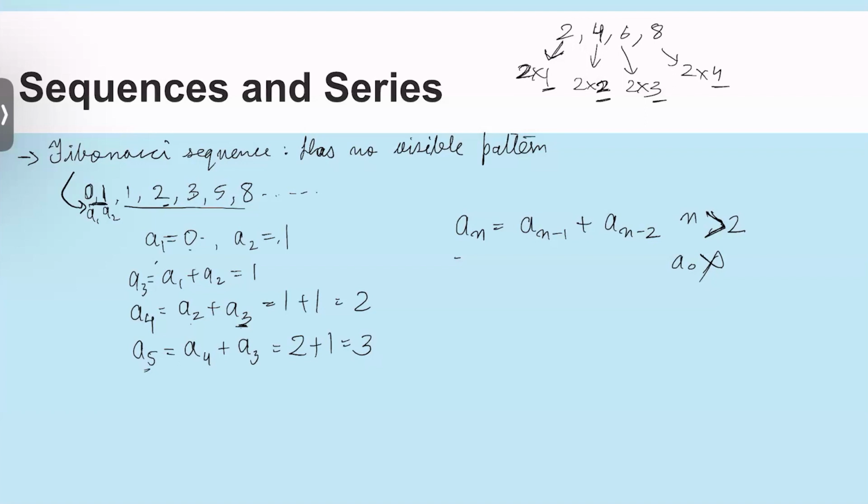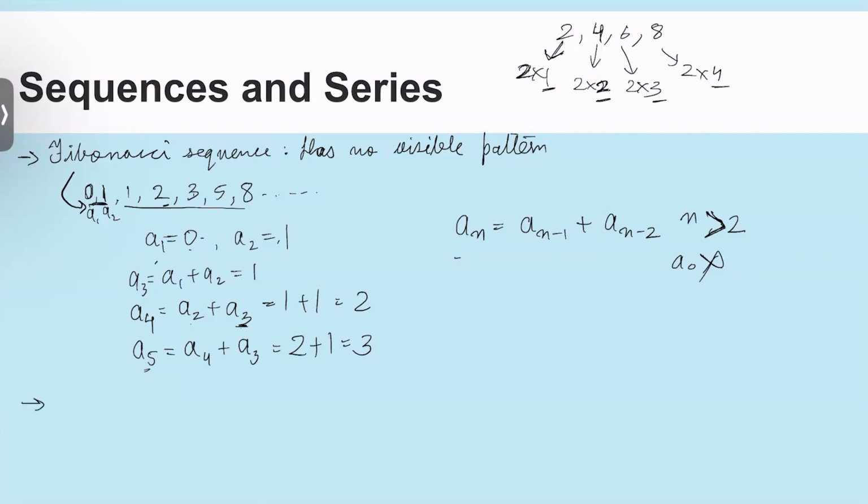Now we understood that the Fibonacci sequence is a special kind of sequence. Now suppose you have another kind of sequence where there is no arithmetic logic that could be found in it, or you might not get an easy formula to describe that sequence.